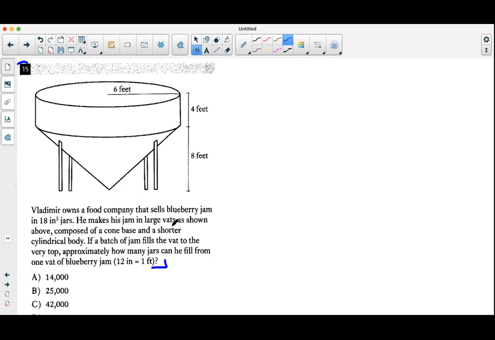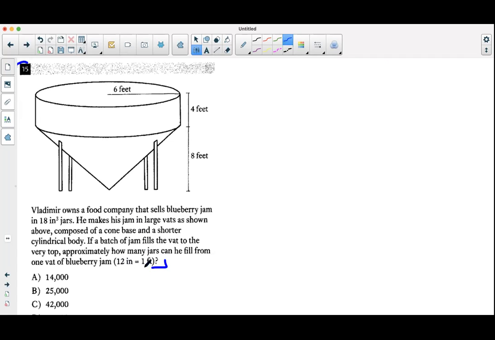Because in reality, I don't think that actually happens. If I have a certain container of blueberry, it gets concentrated a little bit when you make the jam. But we're going to assume that whatever volume of blueberry I have is going to turn into the bottles.